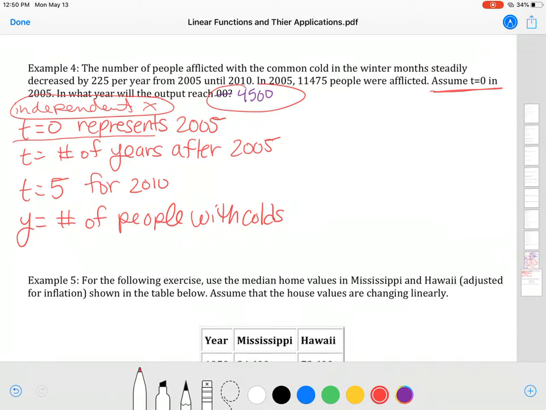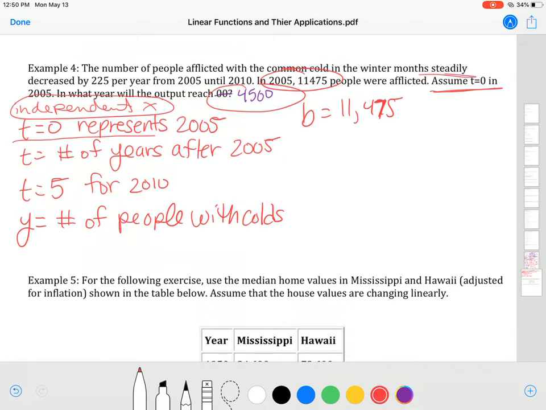Now, T equals 0 is our starting point, which means our initial value in 2005 is going to be 11,475 people. That's our B, because the problem tells us we're starting at T equals 0 at 2005. So B, the number of people that have colds at our starting point, is 11,475.